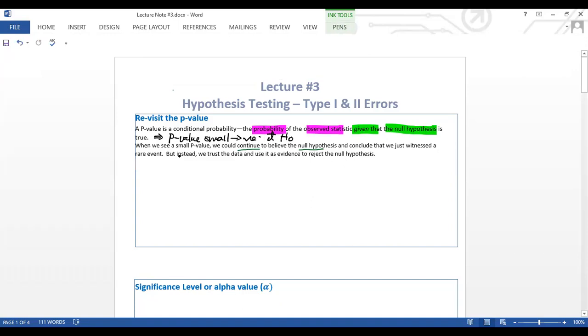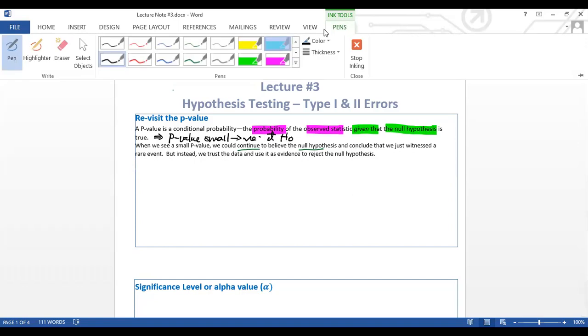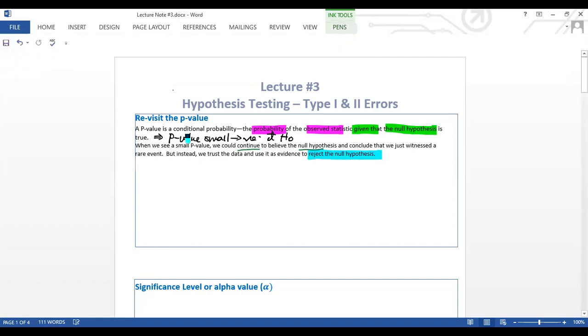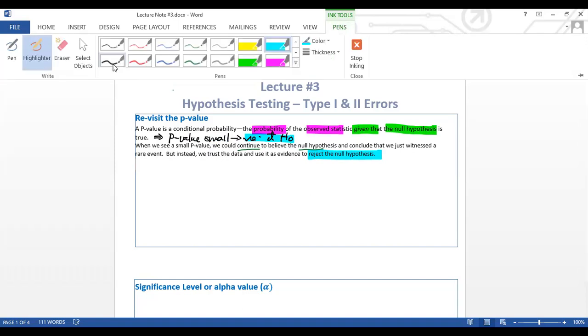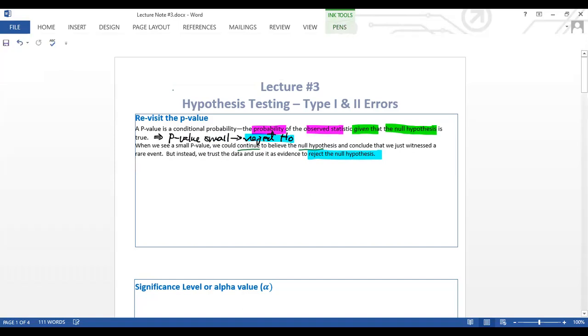But instead, you can say, well, I trust the data, so I'm going to reject the null hypothesis, just like in here, we reject the null hypothesis. Okay, so that's what the p-value is here.